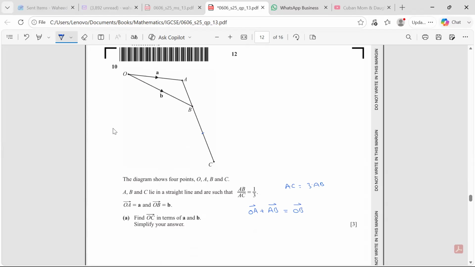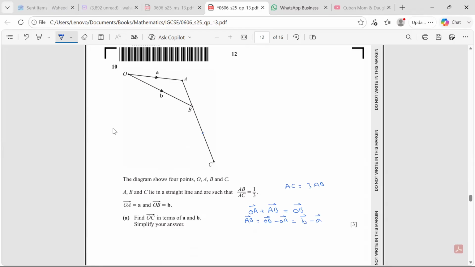Right? OA plus AB is equal to OB. So from here, AB is equal to OB minus OA. So OB is basically B vector minus OA, which is A vector, right?